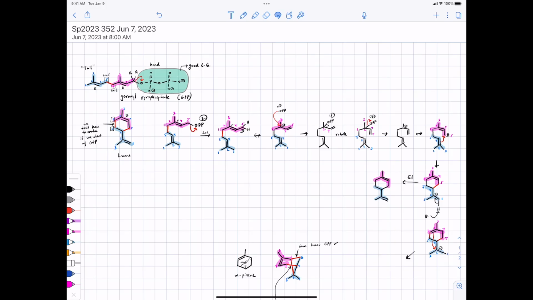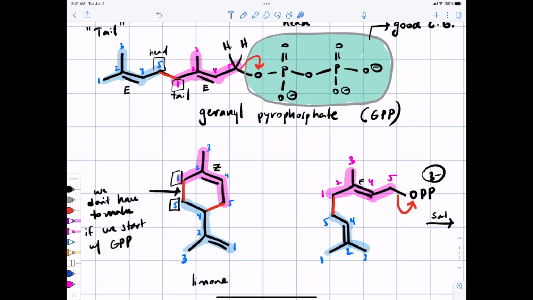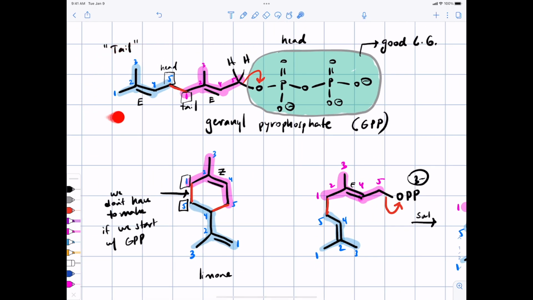So we were working with a monoterpene, that is a molecule that contains two isoprene units. And we started with this linear precursor, which we got from head to tail connection of two isoprene units.